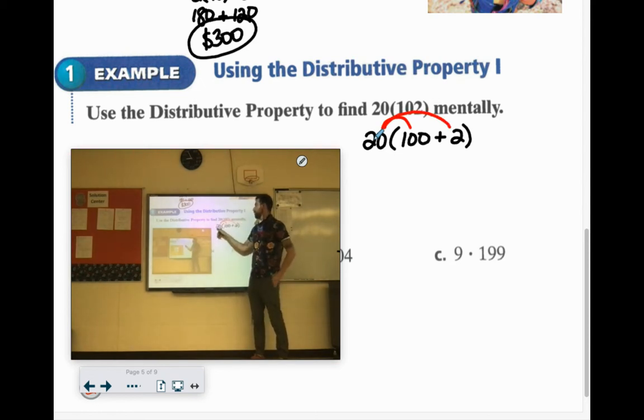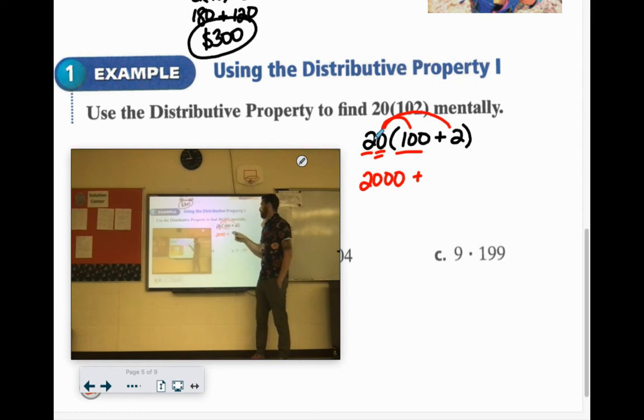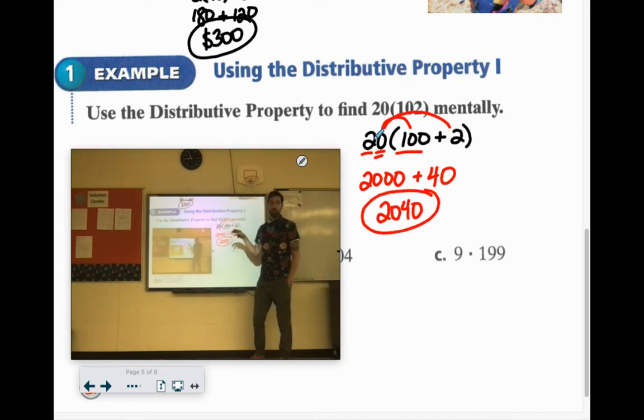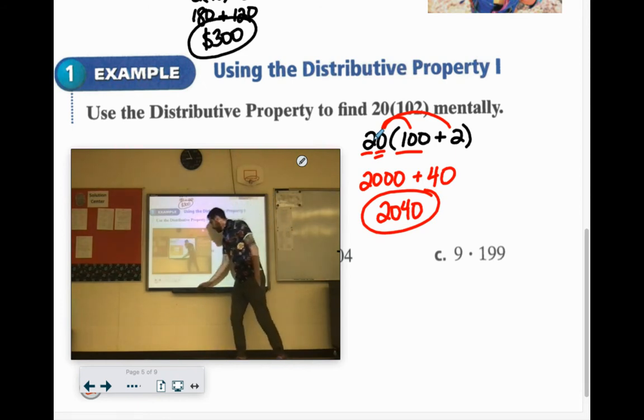So when I'm doing 20 times 100, 2 times 100 would be 200, so 20 times 100 would be 2,000. Plus 20 times 2 is 40. And 2,000 plus 40 would give us 2,040. So it can make some mental math problems so much easier if you think of it with the distributive property in mind.